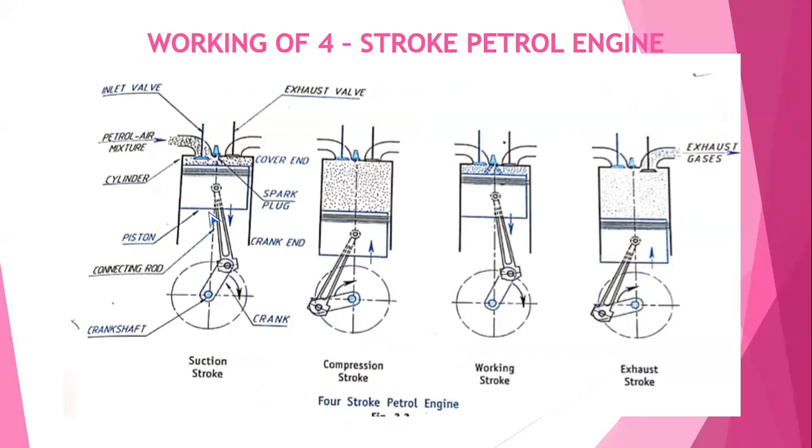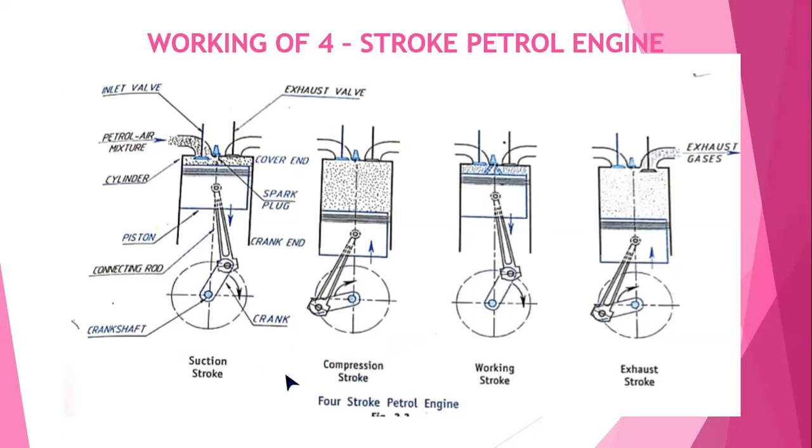Suppose you write these four diagrams, you will get 5 marks. If you write that theoretical Otto cycle along with this diagram, then you will get 10 out of 10 marks. Remember, 10 out of 10 marks in the examination.